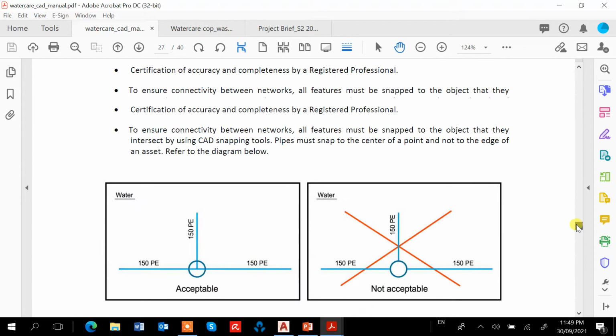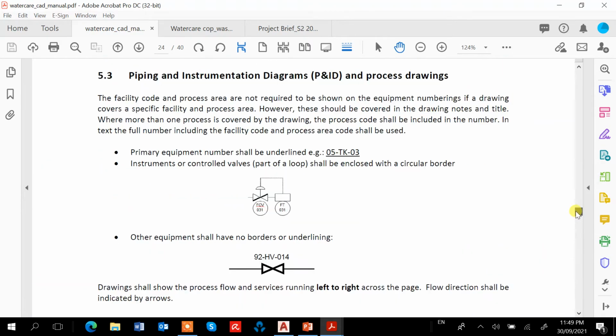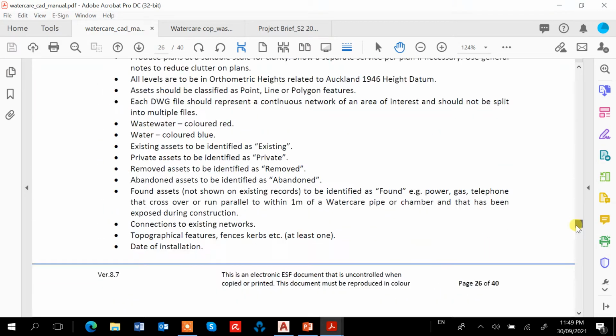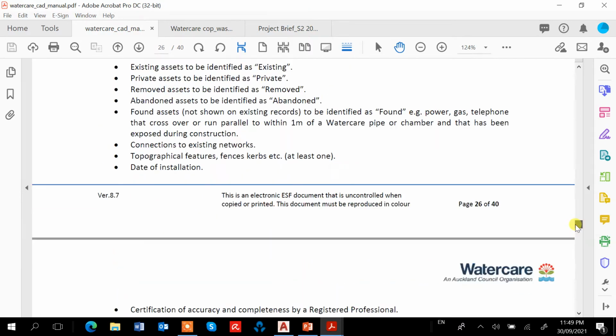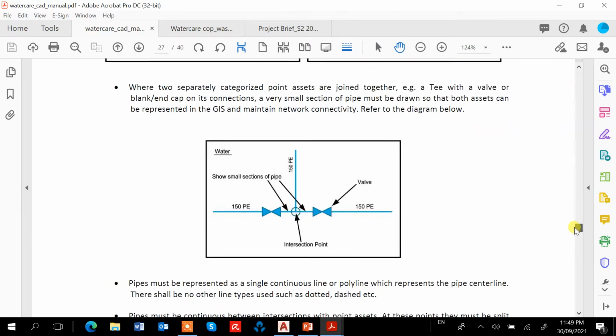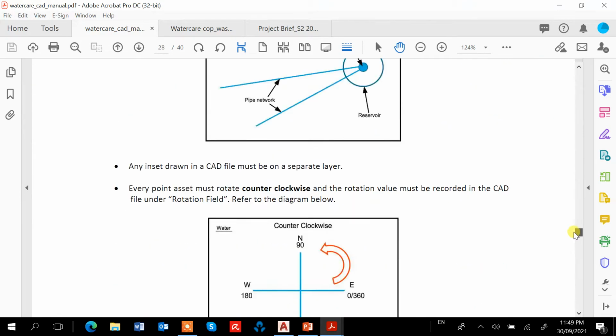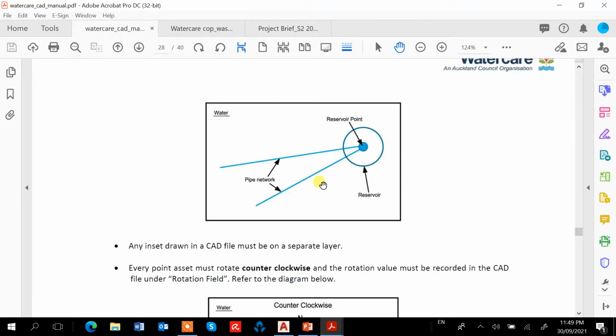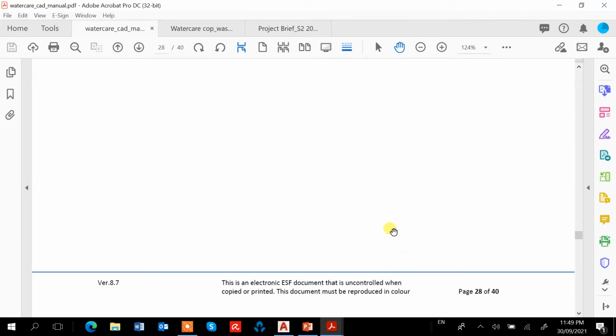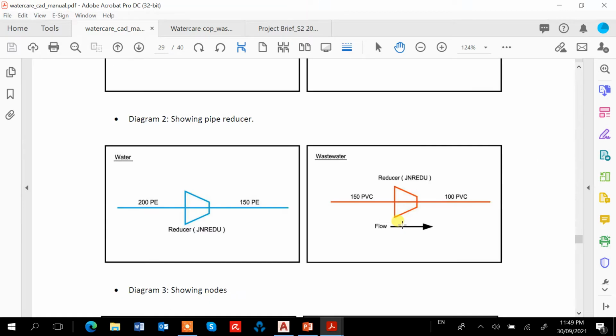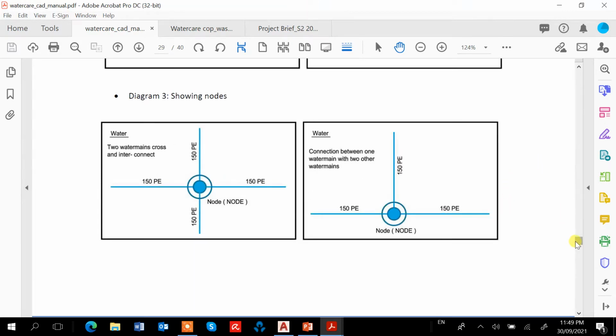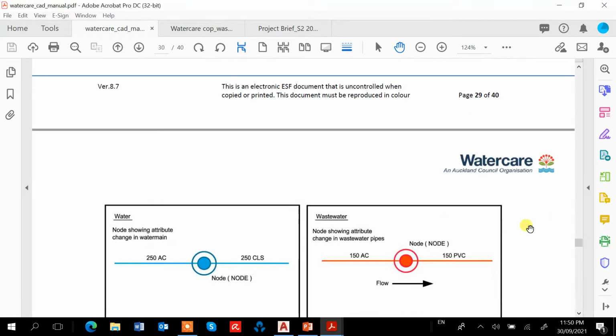Let me see. And the water reticulation is, I think, blue or cyan color. I think it's this color, for the water reticulation. Yes, here.